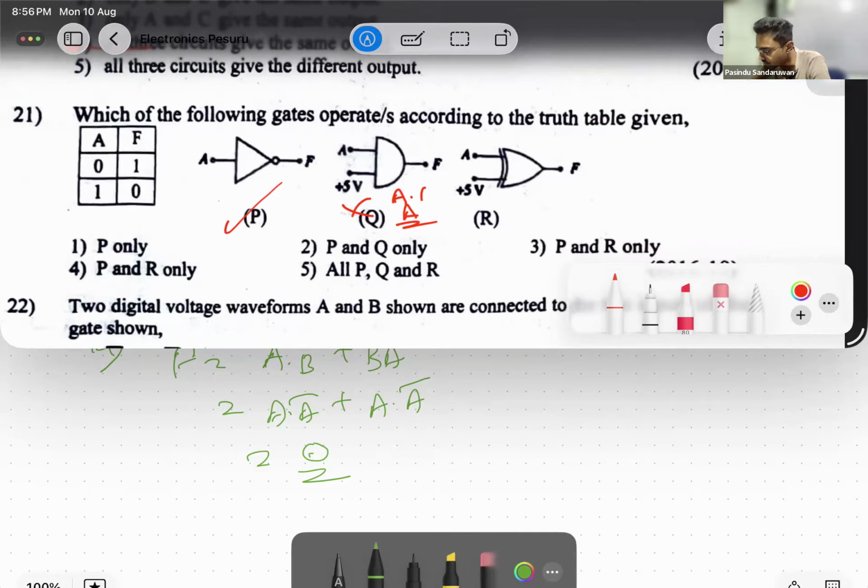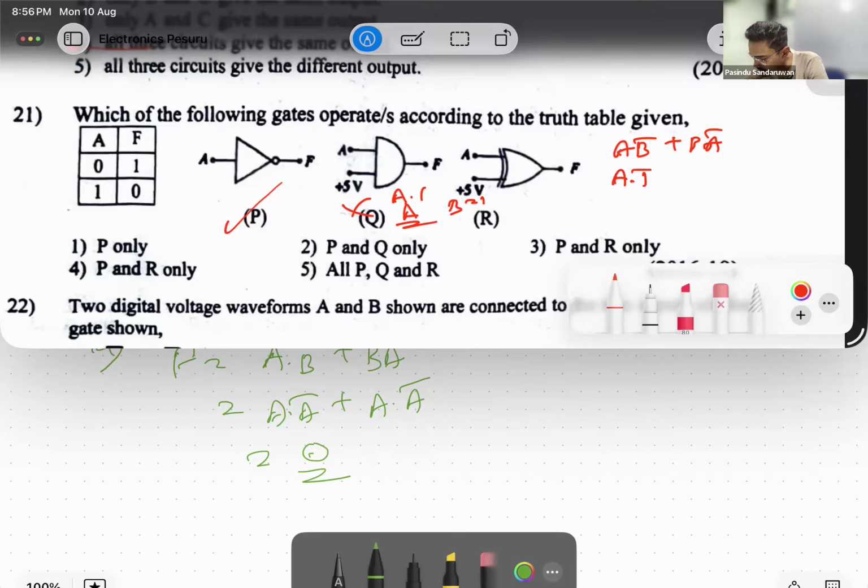Then check for this one. This is an XOR gate, right? So we know the output of XOR is AB bar plus BA bar. Now this is B and this is given as 5. 5 means 1. Then simplify.